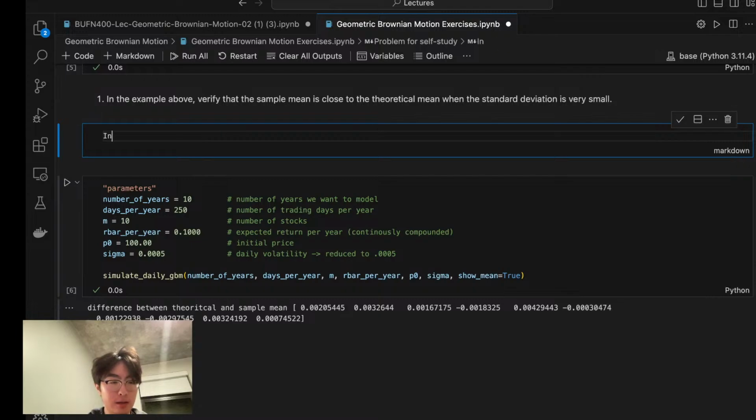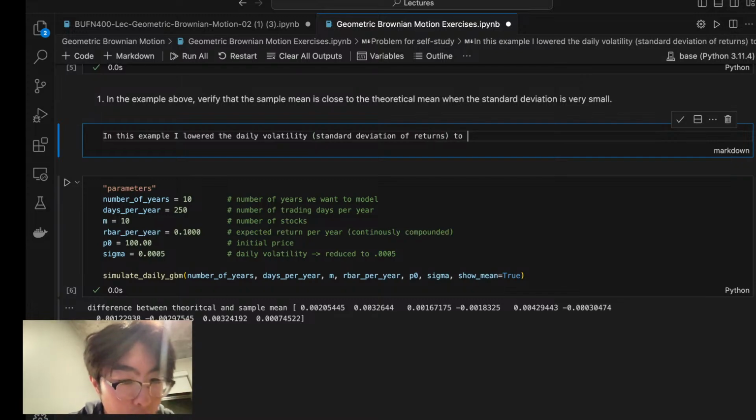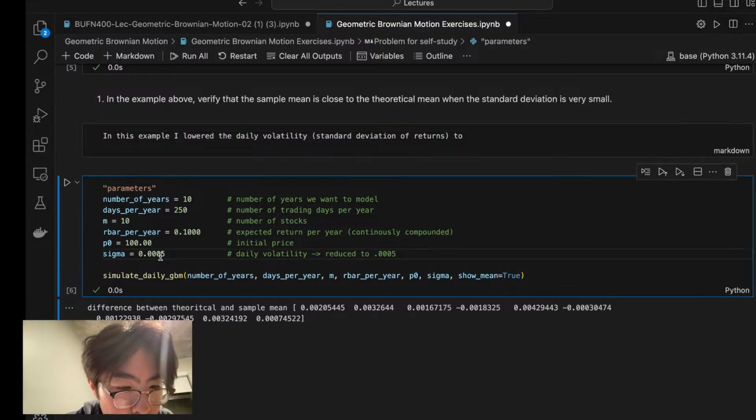So in this example, I lowered the daily standard, I'll call it volatility, standard deviation of returns, to... I think this is, okay, so this is 1%.